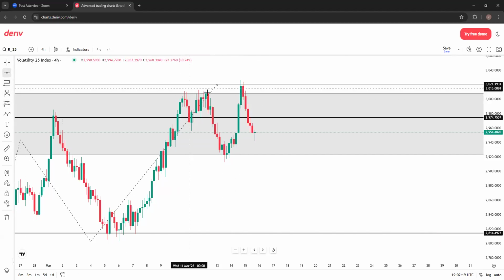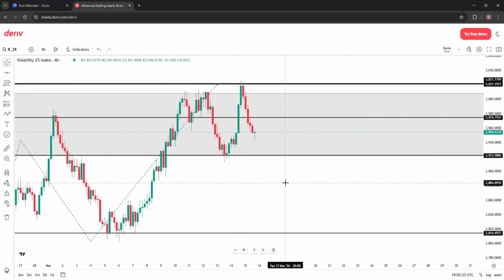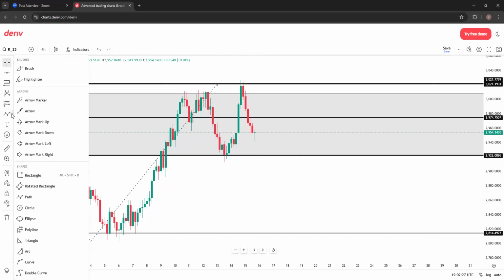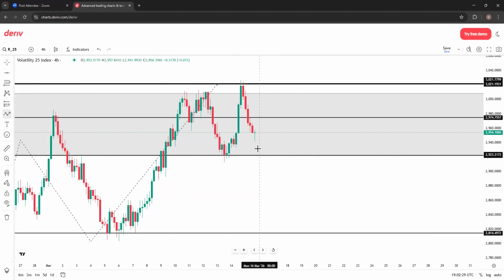So we have this high and this low that are holding our structure currently at the moment. So what we are not expecting to see at this point in time is a break of this low, right? In D1, this would be a change of character, but in H4, this would be a break of structure, right?